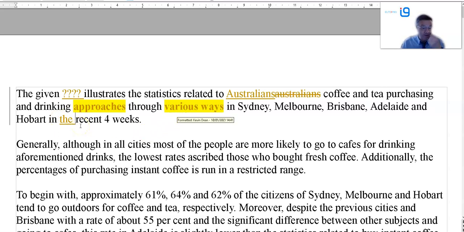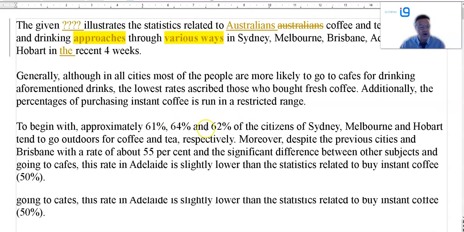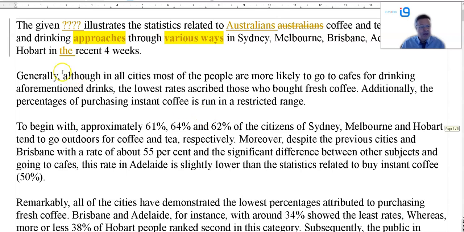Now, right, if there's anything here that I need to change, if it's relatively straightforward, I'll do it, but I'm not rewriting all of your responses. I don't have the time, so I'll just quickly explain, and I hope that works out. So, approaches and various ways, that doesn't work really. Generally, so I just put overall to make it absolutely clear.